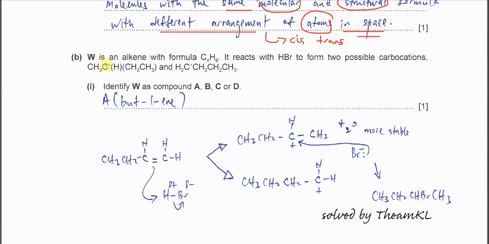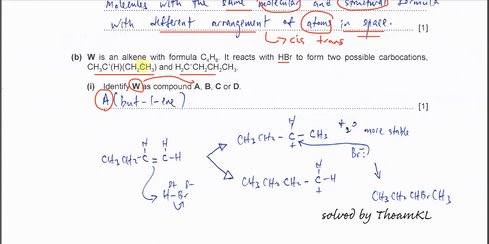Part B. W is an alkene with formula C4H8. It reacts with HBr to form 2 possible carbocations, which are this and this. From here, roughly we can predict what the compound is. The compound is A. This means the identity of W is most likely A. Why?